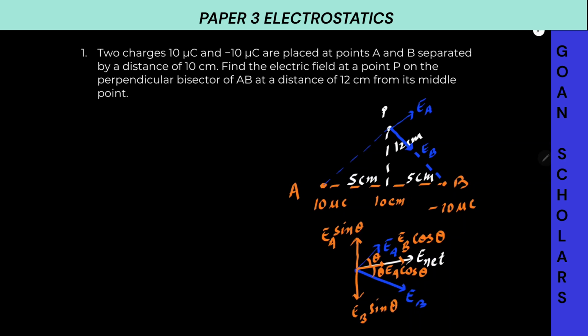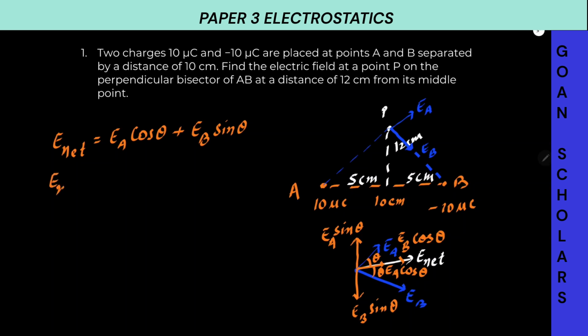Okay, so let's solve this using components. First of all, let's figure out our E net. So E net here will be EA cos theta plus EB cos theta, and this is along the x-axis. What will be our net electric field along the y-axis?